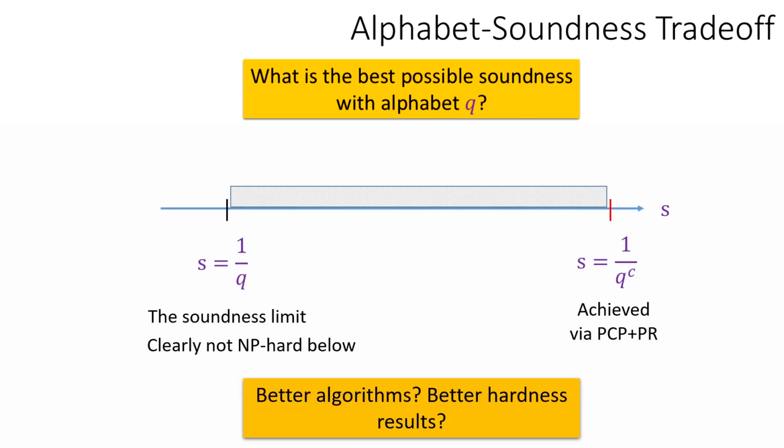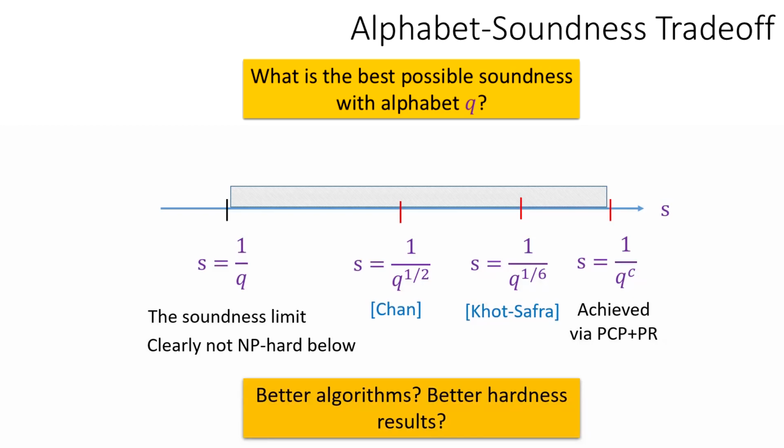So this is the range, and the first kind of solid improvement over this black box application of PCP plus parallel repetition was achieved by Khot and Safra, who gave some reasonable constant c. They proved that you can get soundness which is 1 over q to the 1 over 6. Yeah, so the size of the proof is polynomial.